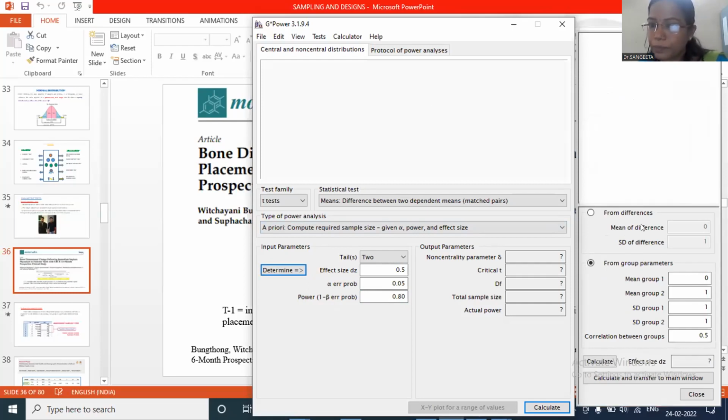So I have to enter the mean. What were the mean values in the research article? Immediately it was 1.58, that's your baseline value.